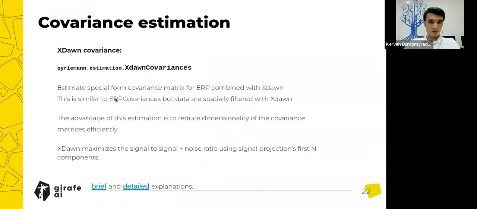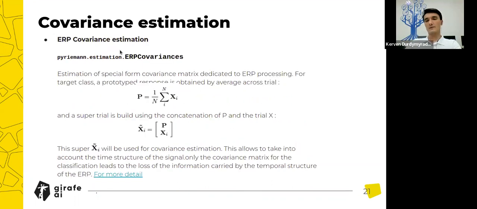As I mentioned here, it maximizes the signal-to-noise ratio and reduces our features. By the way, we have a very detailed explanation of XDAWN. So after we filtered our data, we apply the ERP covariance estimation method.